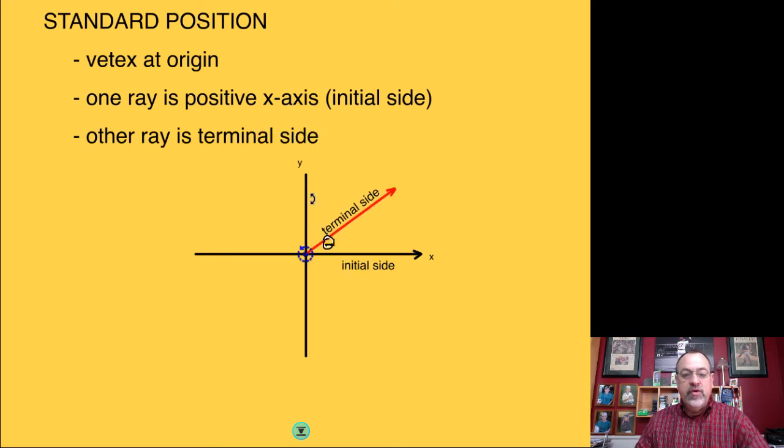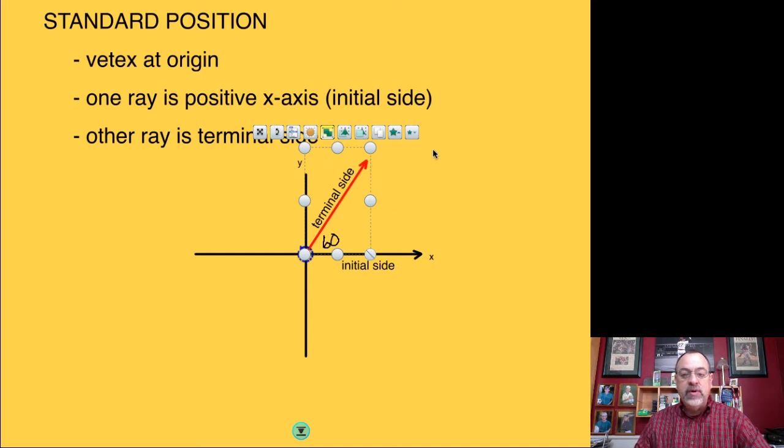So if I go to here, let's say, and the measure of theta in this case is, let's say, 60 degrees. If I rotate an additional one time around the circle, I end up exactly back in the same place that I started. So this would be a coterminal angle. The terminal side is in the exact same position, so it's 60 degrees, but we went once more around the circle.